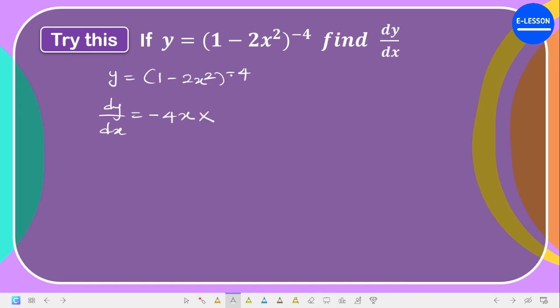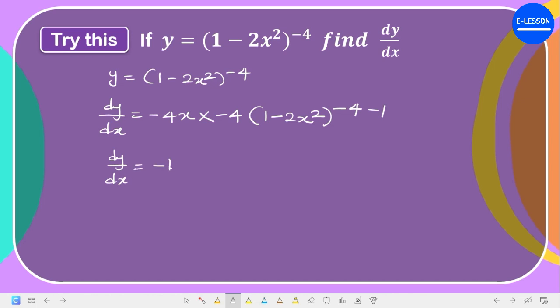Then multiply by what is on the power, which is what? Minus 4. Write everything in the bracket again, which is 1 minus 2x squared. Then subtract 1 from the power, which is minus 4 minus 1. And then your dy dx is equal to minus 4 times minus 4.